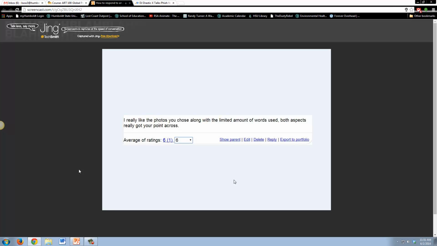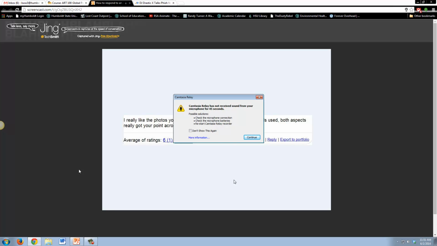So this person says, I like the photos you chose. What did this person like about them? That piece is missing. It says both aspects really got your point across. Okay, great, but how did they get that point across? In this case, this quote doesn't really reach up into an area that's going to give it much credit.